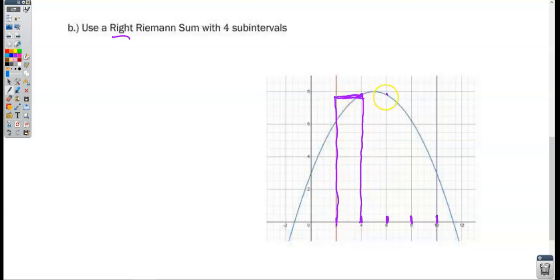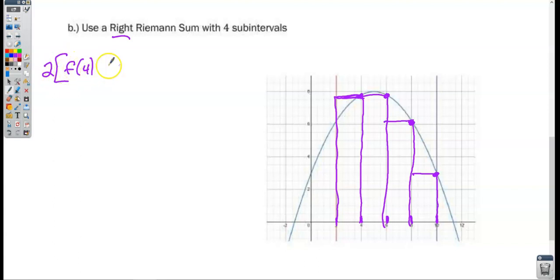So right endpoint, right endpoint, right endpoint, right endpoint. So this approximation is going to be 2 times, and then the first rectangle, the height is f of 4. Second rectangle, it's f of 6. Third rectangle, it's f of 8.